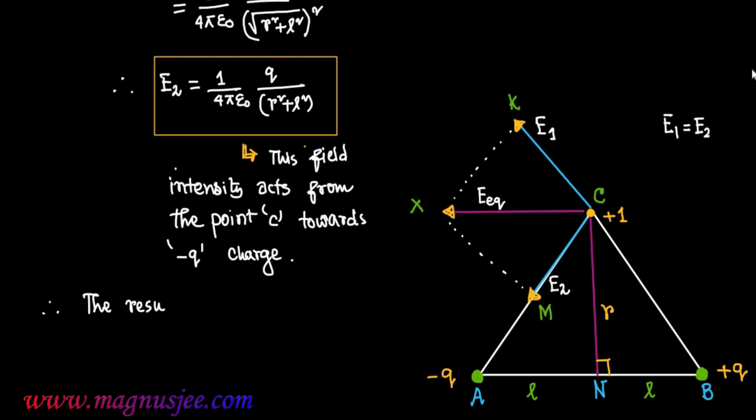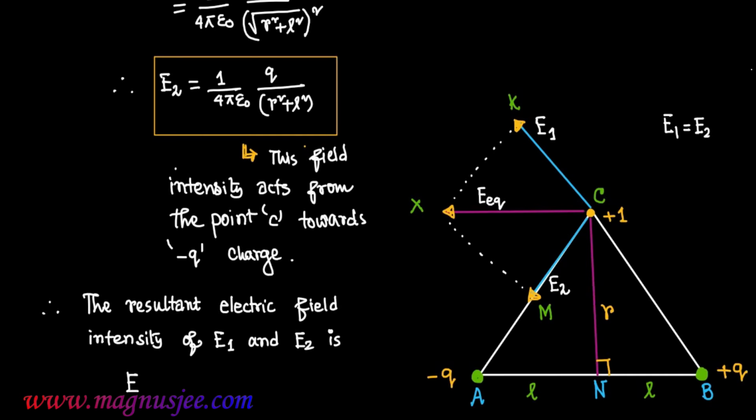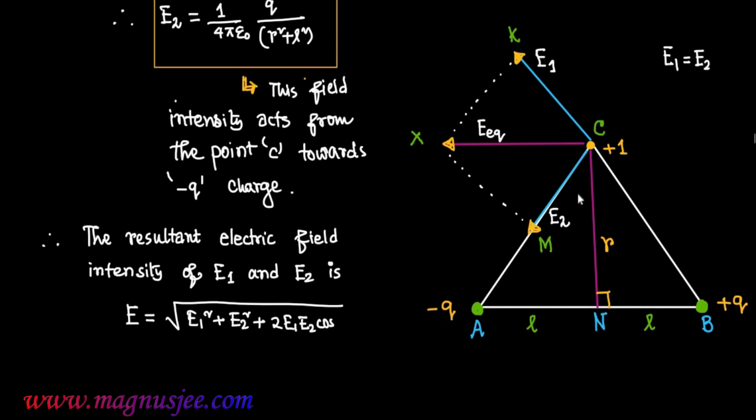Therefore, the resultant electric field intensity of E1 and E2 is given by E equals root over E1 square plus E2 square plus 2 E1 E2 cos 2 theta, where the angle subtended by the straight line CB with the axis is theta.